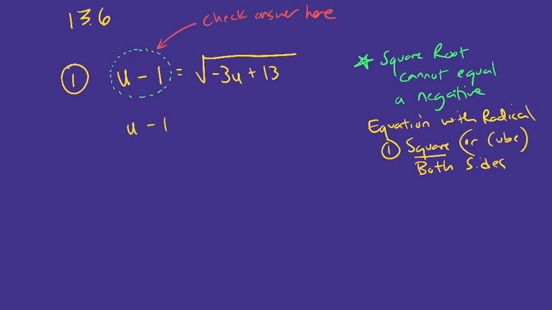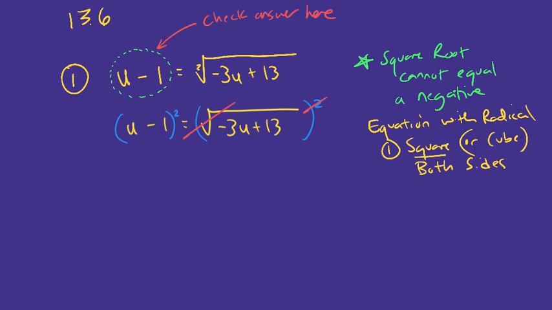In this case, since this is a square root, we've got that invisible 2 in there. Square root, we're going to square both sides. So I'm going to rewrite all this. And we're going to square the right and square the left. When you square a square root, the square root's gone and the square is gone.